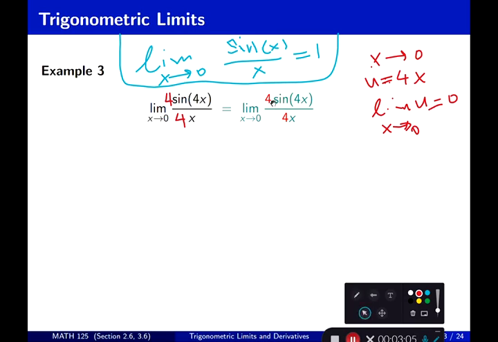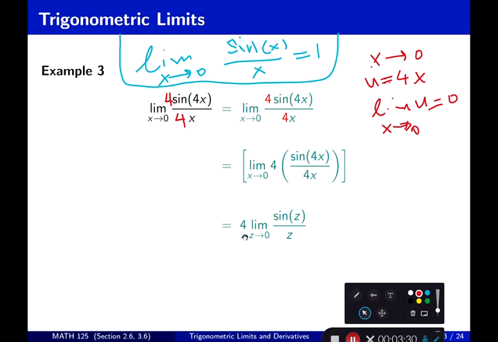Set that aside. What do I do with that 4? First, you take the 4 outside the fraction, because then you have the expression that you want and you have the 4. Then you take the 4 outside the limit, because it's a constant multiplier, and therefore you can go out of the limit.